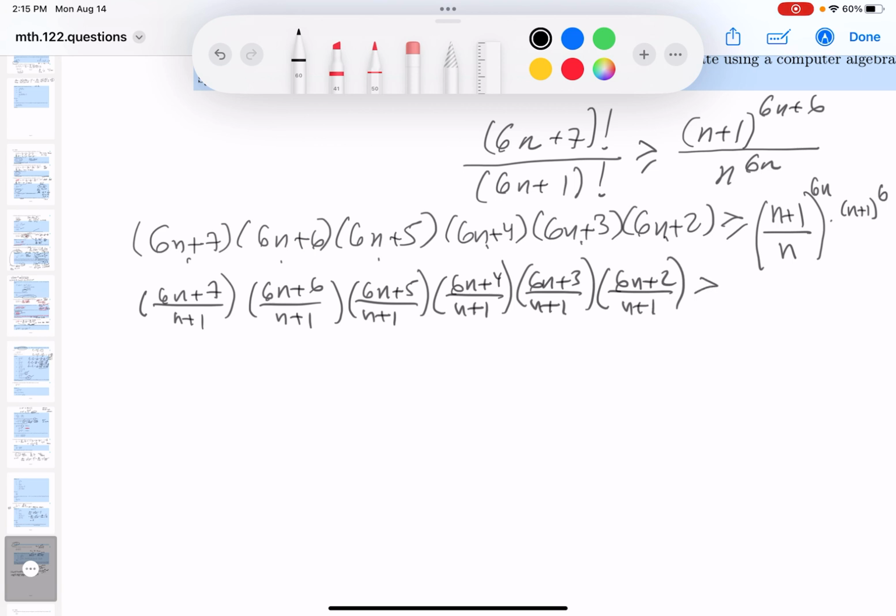And over here, let's write this down: 1 plus 1 over n. That's not so bad. And then it's to the nth power, and that whole thing's being raised to the 6th power.